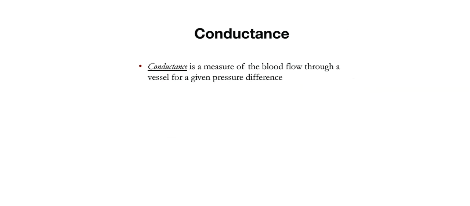All right, conductance, by definition, is the inverse of your resistance. Okay, so if it's going to be the inverse of your resistance, what would conductance be? 1 over the resistance, right?